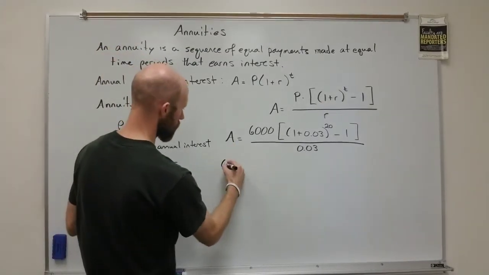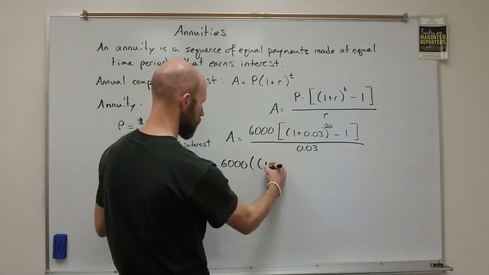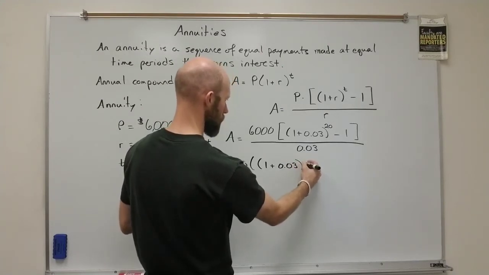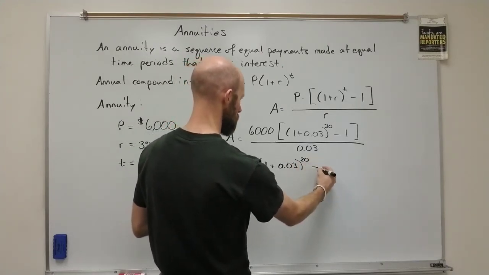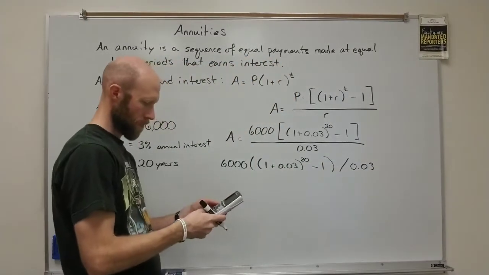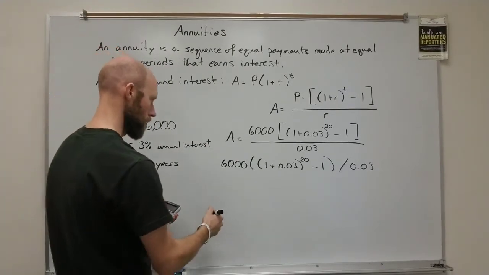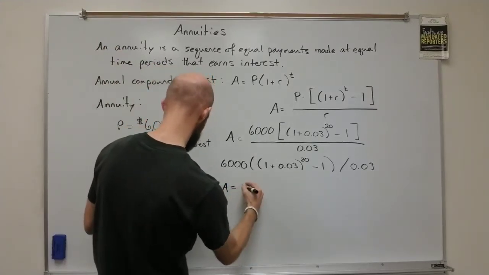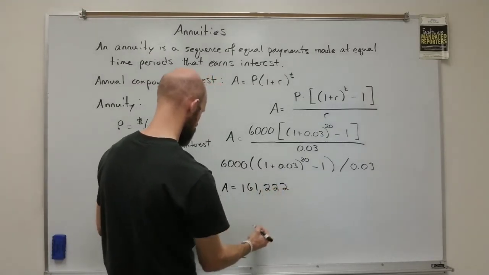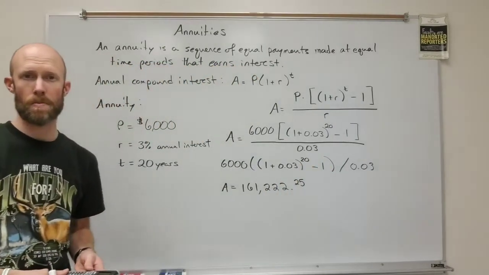So I'm typing in 6,000 parenthesis 1 plus 0.03 parenthesis raised to the 20th minus 1 parenthesis divided by 0.03. And that gives me a nice chunk of change at the end of the 20 years: $161,222.25 if I round to the nearest penny.